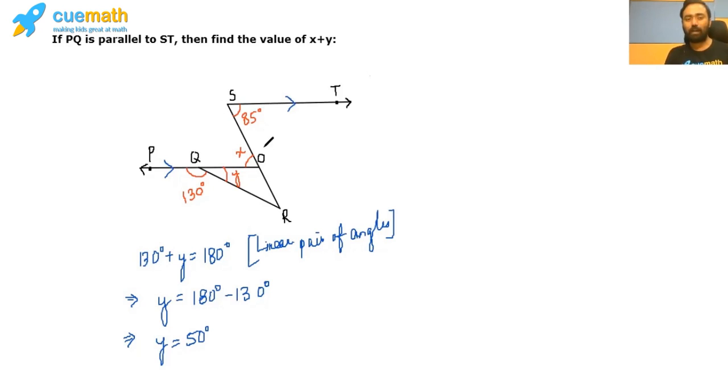And if these two lines are parallel and we consider SO to be the transversal, then we can say that these two angles would be present in the interior part. Let me draw a line to make this more clear.